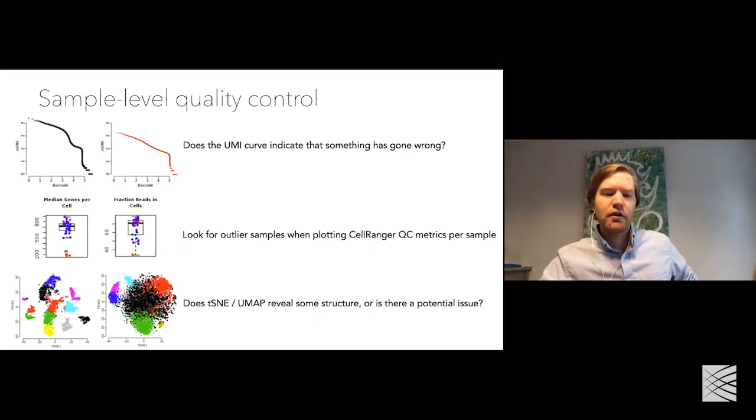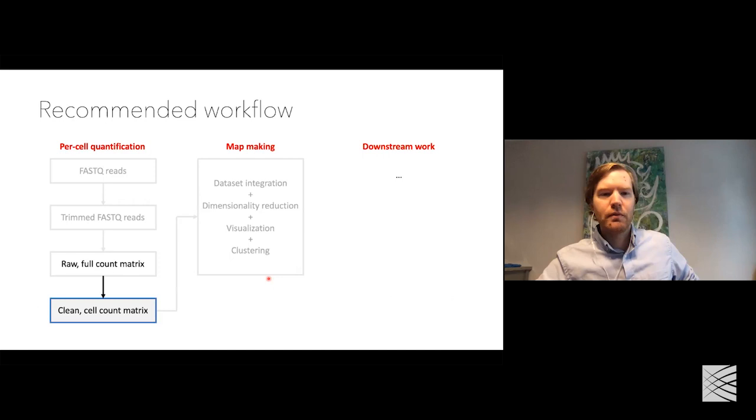You can just take a look at that plot that they produce and see, is there some structure? Does it look like there are cell types and clusters? Or does it look kind of suspicious where there's just a big blob and not much distinction, not really much information about cell types in that data set? So unfortunately, sometimes you have to throw out a sample.